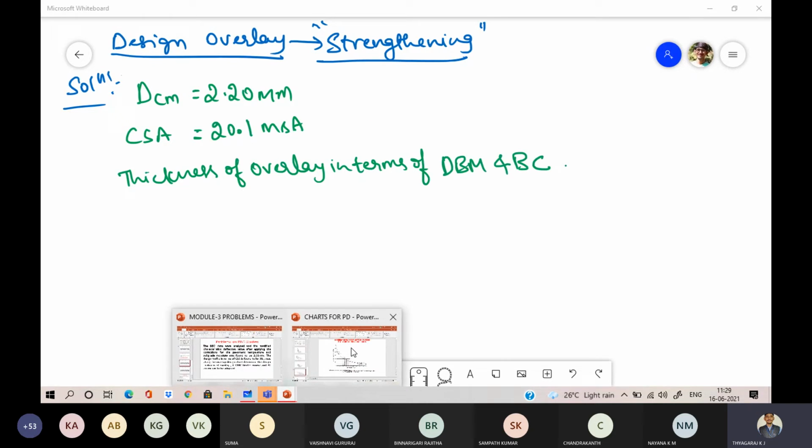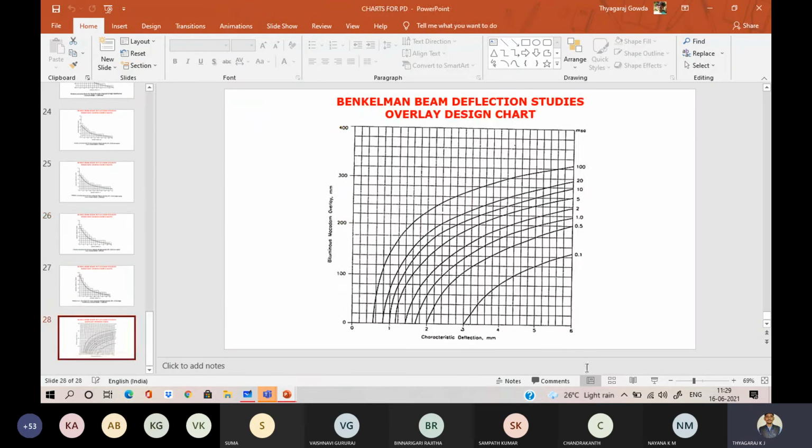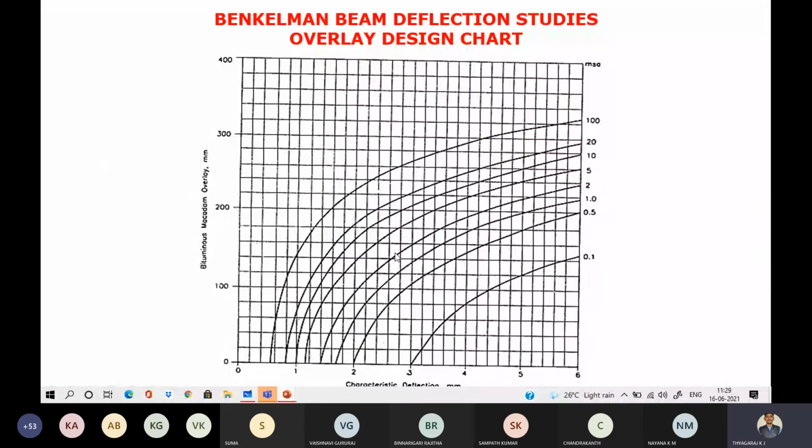So we'll go for the graph. You can observe here. Are you able to see the graph, right? Yes, sir. Okay. These values, whatever I am marking, are cumulative standard axles.